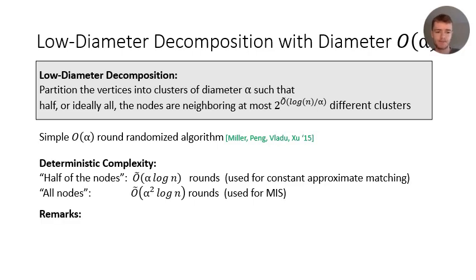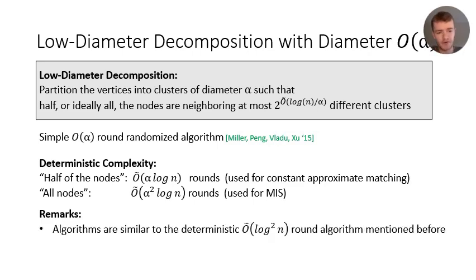Some remarks. The algorithms to compute this are deterministic and very similar to the deterministic log squared n round algorithm that we have mentioned before, which computes the low diameter decomposition of diameter order log n. So it's in some sense a generalization, roughly speaking.